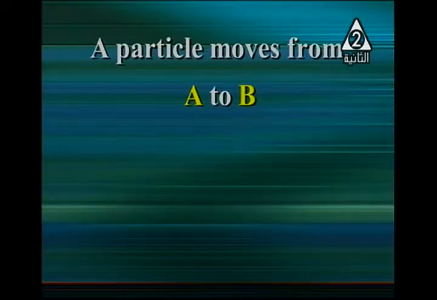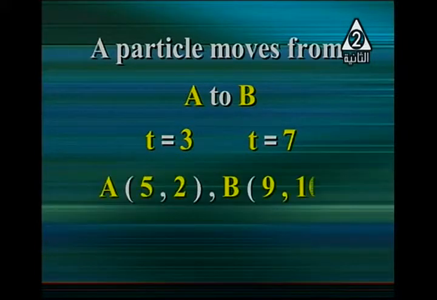A particle moves from A to B. At t equals 3 is the first statement, second t equals 7. Point A is (5, 2), point B is (9, 10), or vector A equals (5, 2), vector B equals (9, 10). Find number 1.